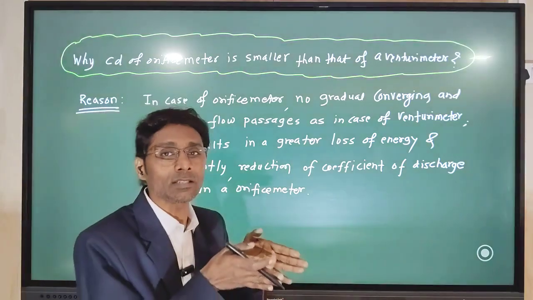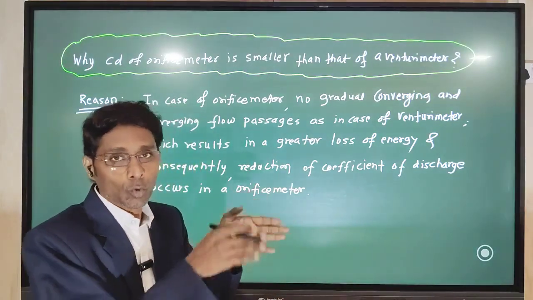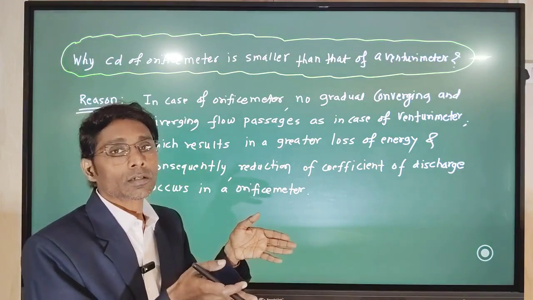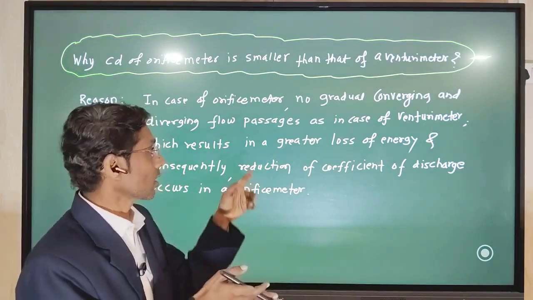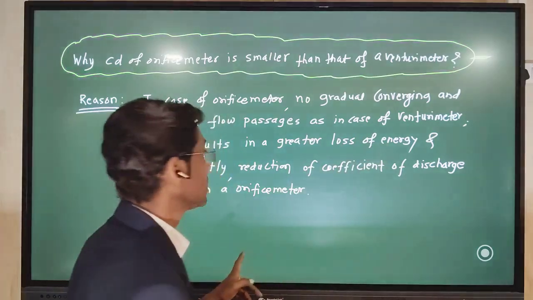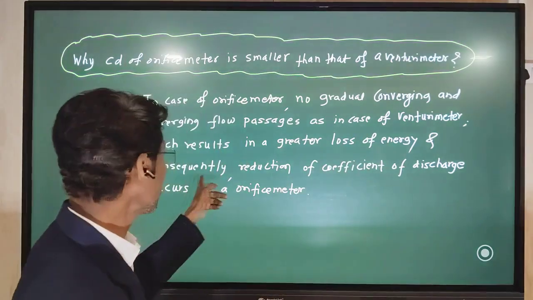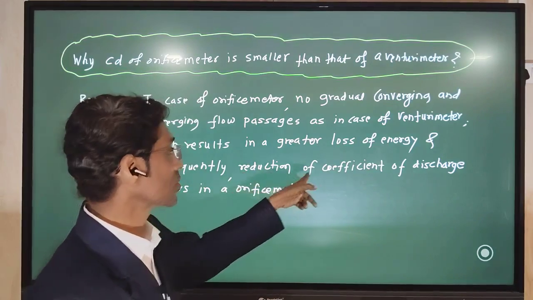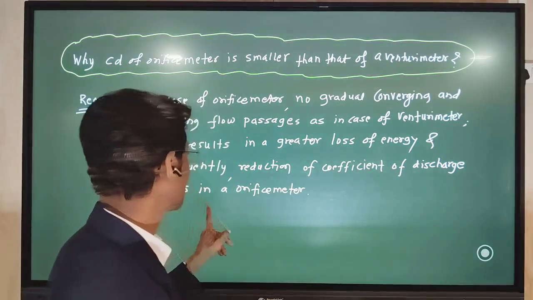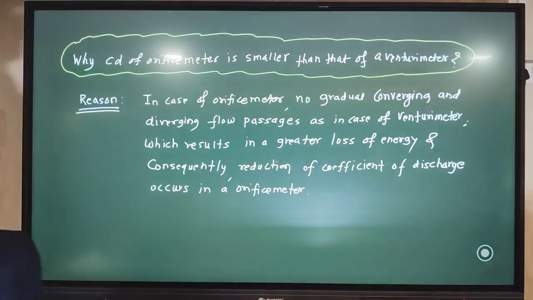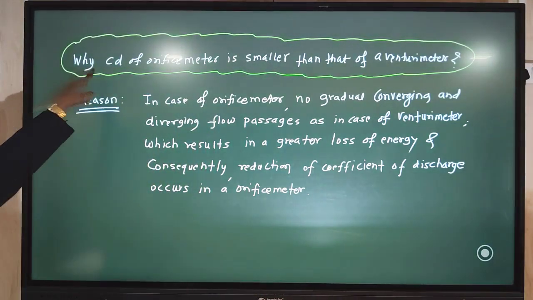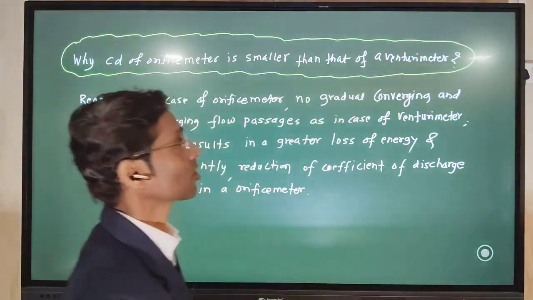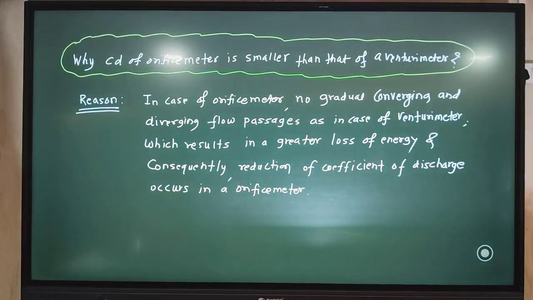When the fluid passes through the orifice plate hole, due to the sudden change in area, loss of energy takes place, and subsequently it leads to a reduction of the coefficient of discharge in the orificemeter. That is the reason the CD of the orificemeter is smaller than that of the venturimeter.